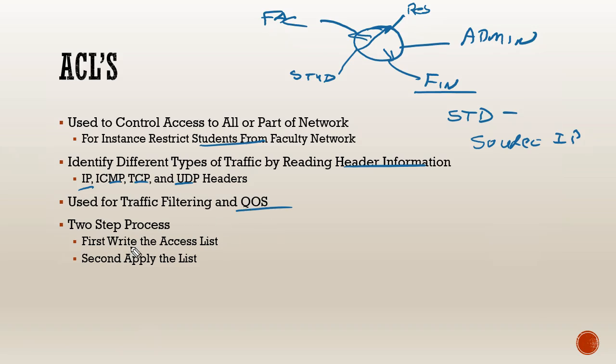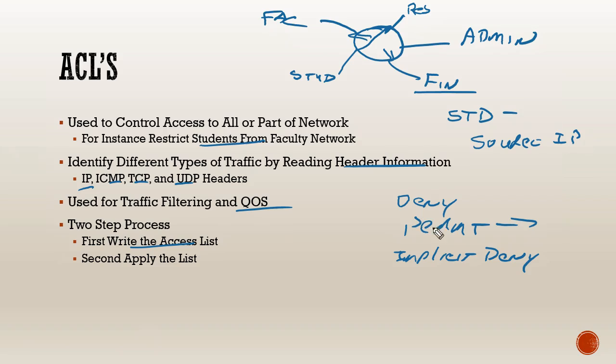It's a two-step process. First, we write the access control list, deny, permit, and I'm going to say all this again on slides, but at the end of each access control list is what's called an implicit deny. Implicit deny, which means that as we go down here, anything that's not been permitted at this point is going to be denied.